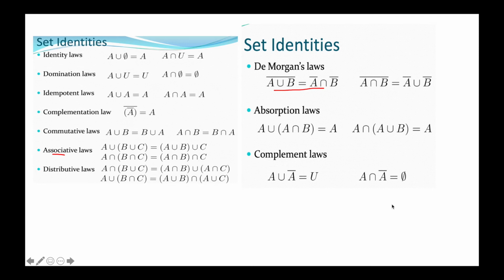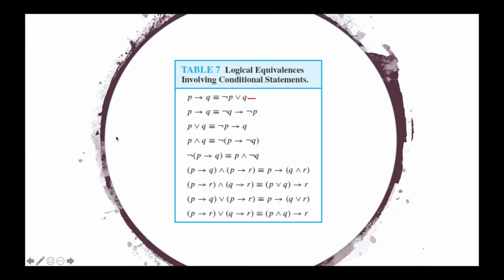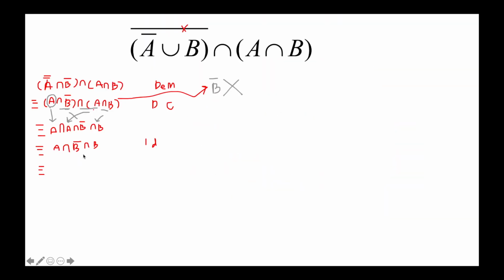Oh, this one, B bar and B, will be equal to the empty set. So this one, by using the complement law, this one will be the empty set. So A and the empty set, so is by using the complement law.